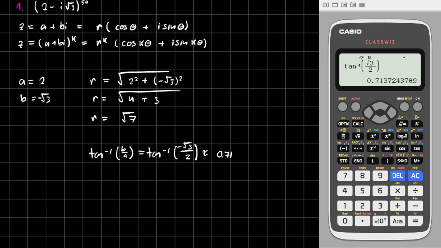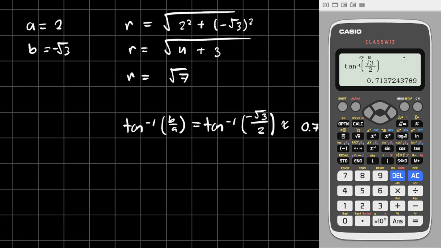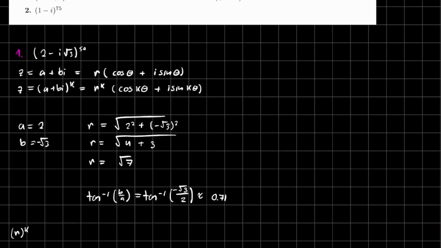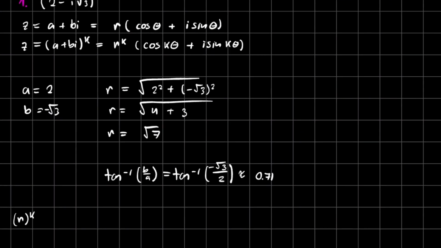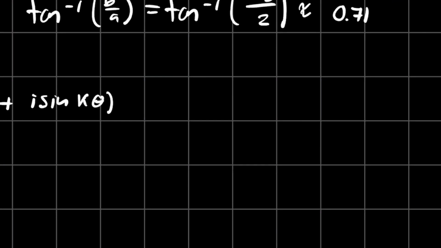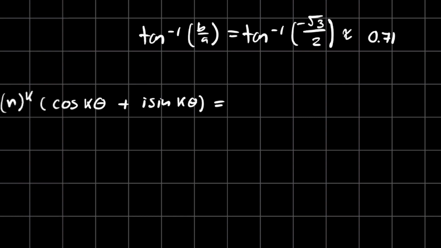So what we're simply going to do now is put all of our values over here. So how does that work? Basically, we have r to the k. We know that r is the square root of 7, and we know that k is 50.